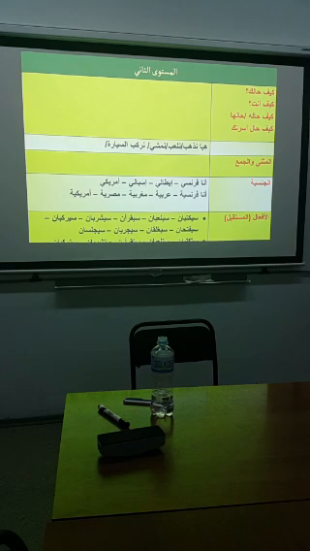So here with level 2 we can teach the dual, plural for 2. سيكتبان، سيلعبان، سيقرآن، سيشربان، سيركبان، سيفتحان، يغلقان. The same verbs that the students already know, but we change the form into dual, plural for 2.